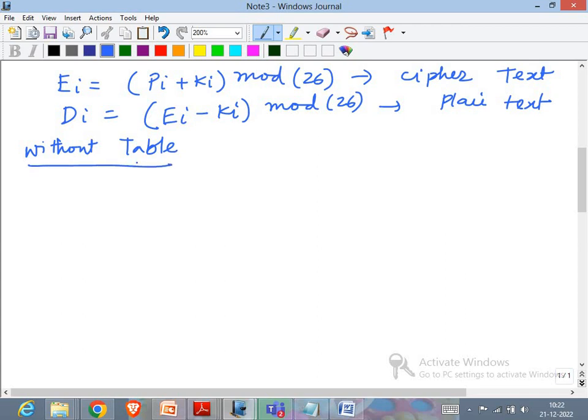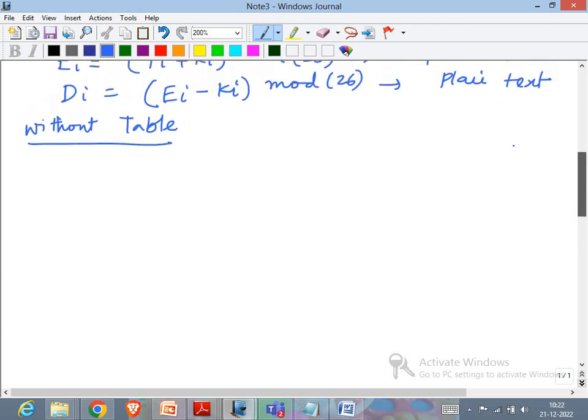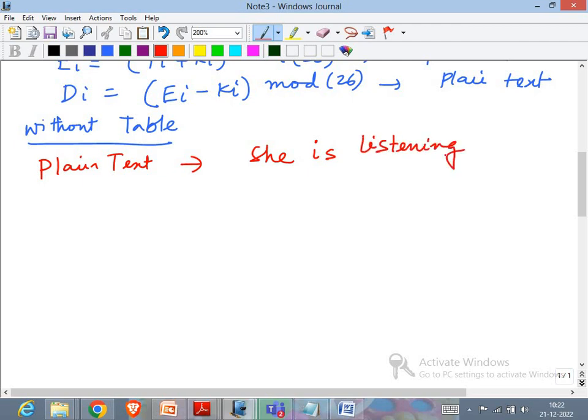This is a without table concept of Vigenere cipher. So what we have is the plain text, suppose, she is listening. This is my plain text. She is listening, and again the same thing, the space doesn't have anything to do with it here.